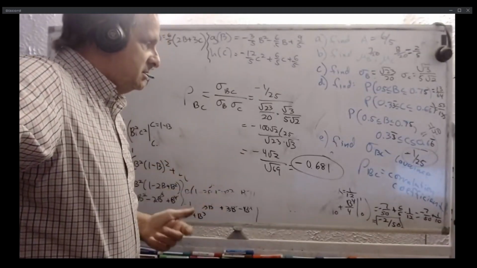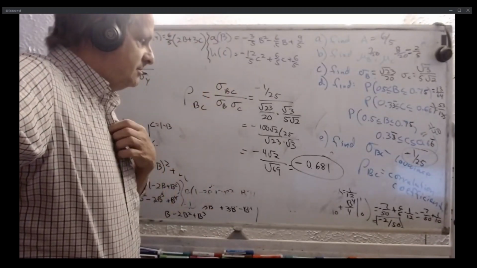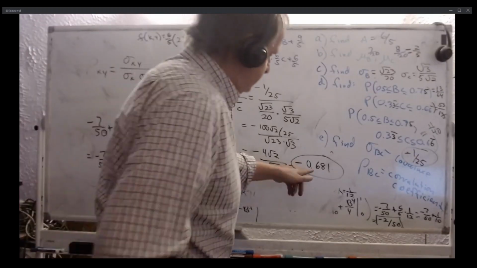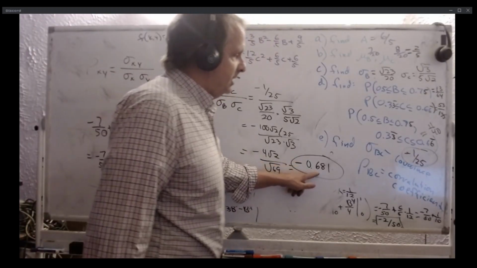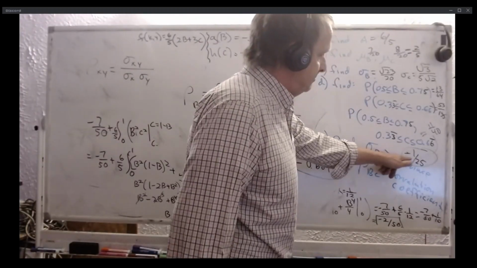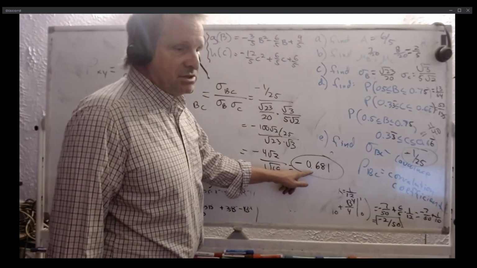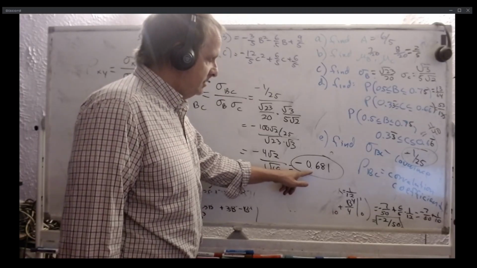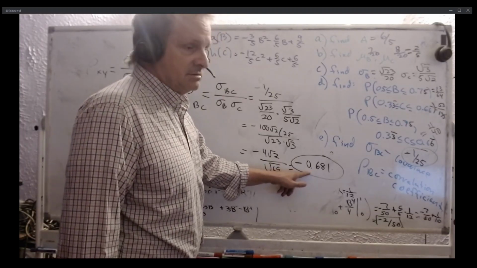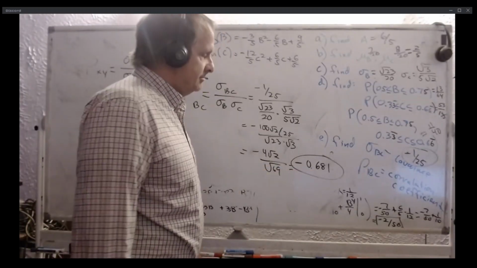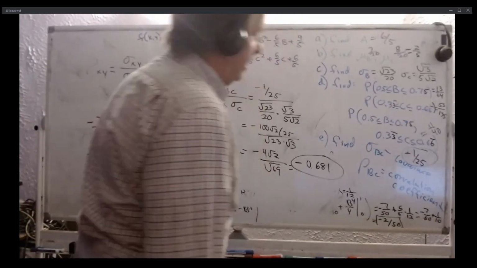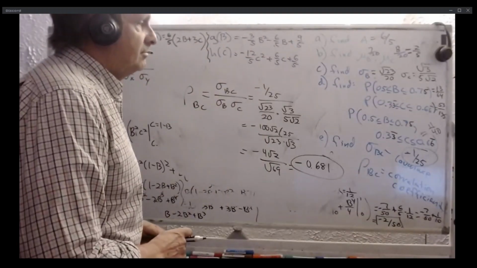Wait, and what does 0.681 mean? This is a stronger relationship than we first thought, because you compare this to 1. 1 is the max, plus or minus 1.